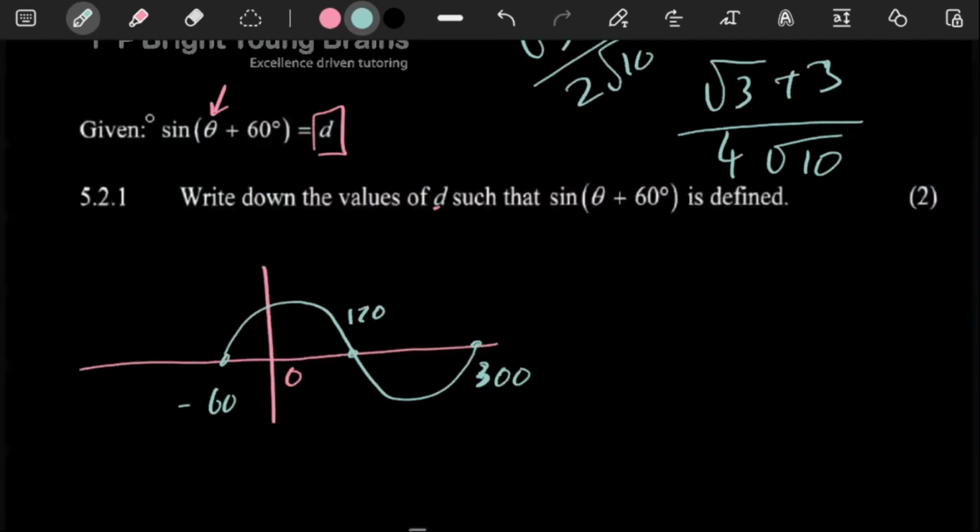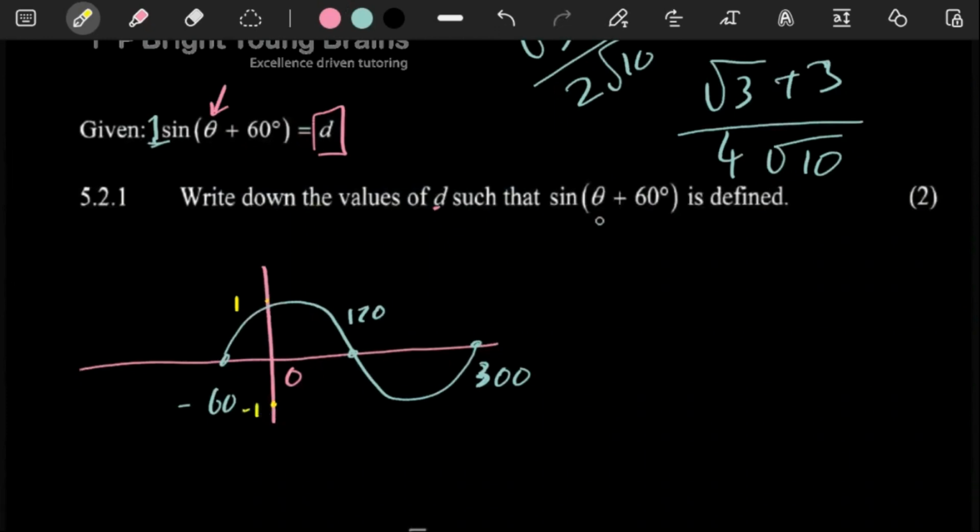Now, your graph still has an amplitude of 1. So your graph still goes all the way to positive 1. Somewhere up there will be the 1, because the turning point is somewhere there. Somewhere down there is a negative 1.